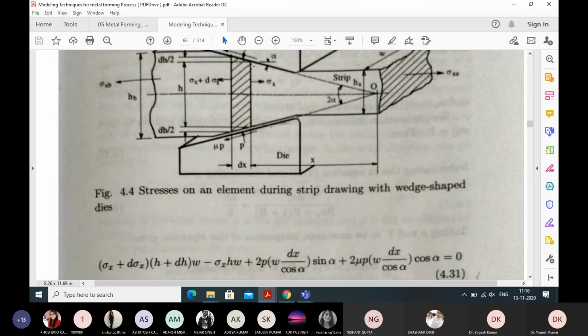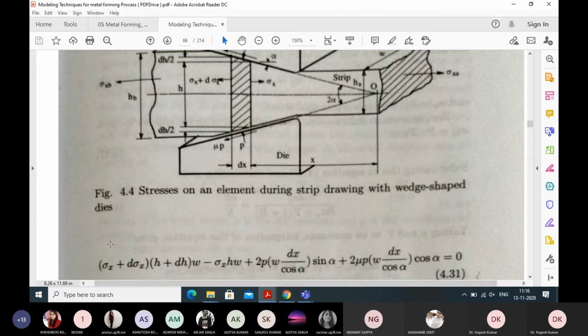In the right hand side, what will be the force? This will be sigma x into h into w, where h into w is the area of this strip. Since we are taking all dimensions from this O, h is positive in the left direction, so it is written as positive, and sigma x into hw will be negative, so minus sigma x into h.